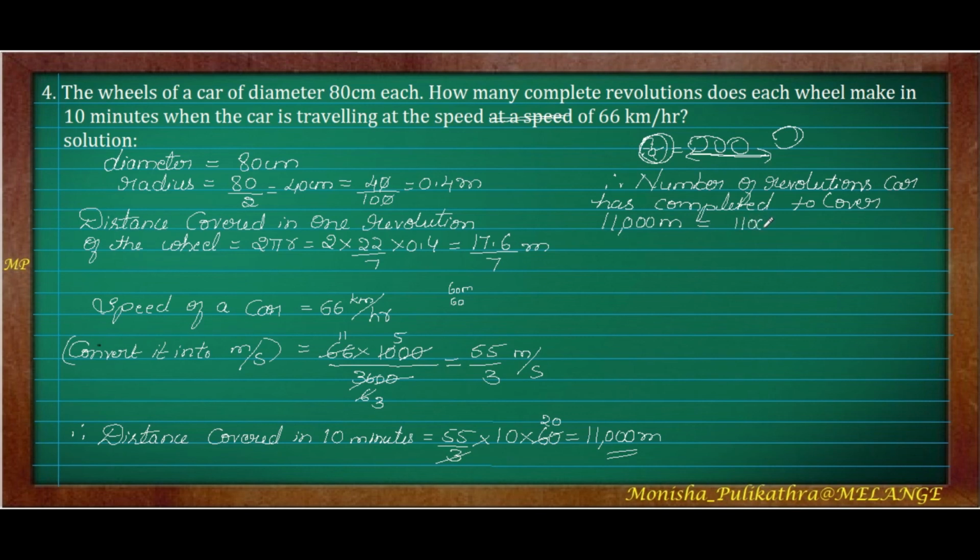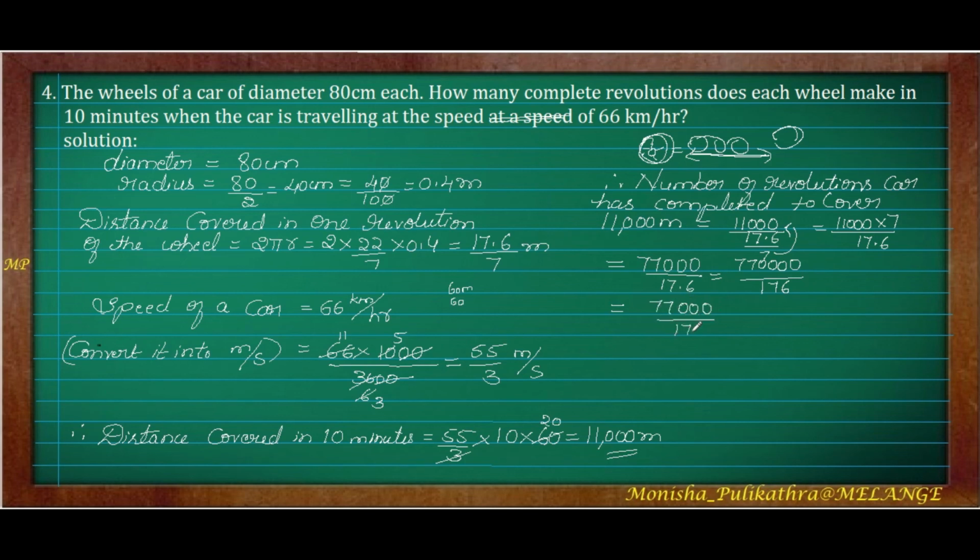That is 11,000 divided by 17.6 divided by 7. If you take it here, you will get 11,000 into 7 divided by 17.6, that is 77,000 divided by 17.6. If I am removing the decimal point, a 0 comes here, that is one extra 0, so divided by 176. Next you have to divide it.